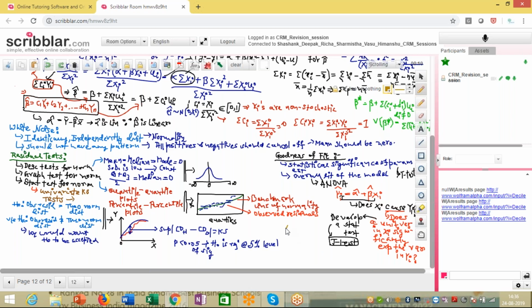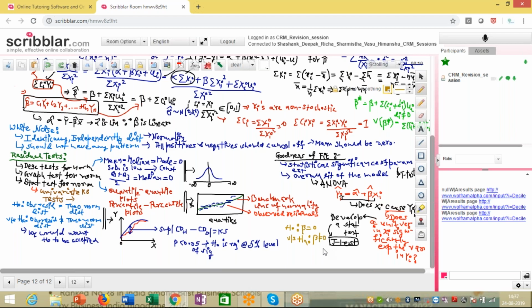The basic idea over here is the null hypothesis, beta equal to 0, versus the alternate hypothesis, beta not equal to 0.